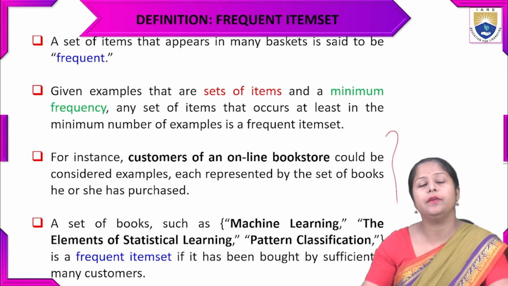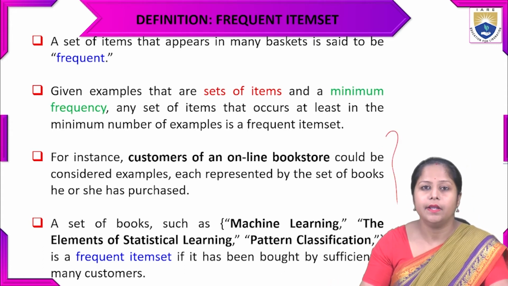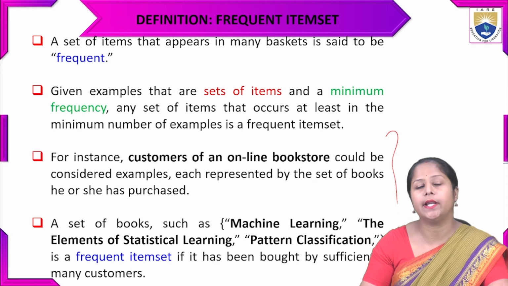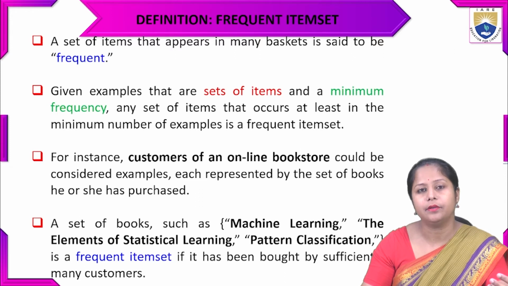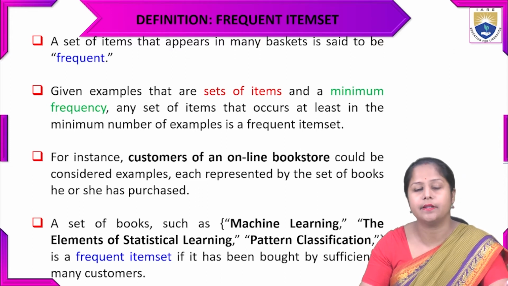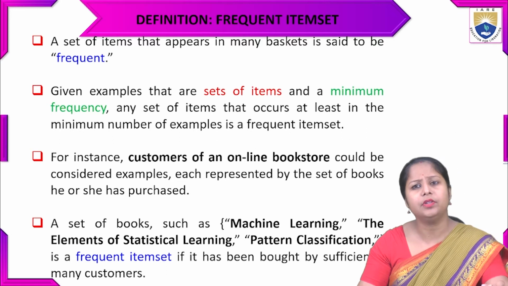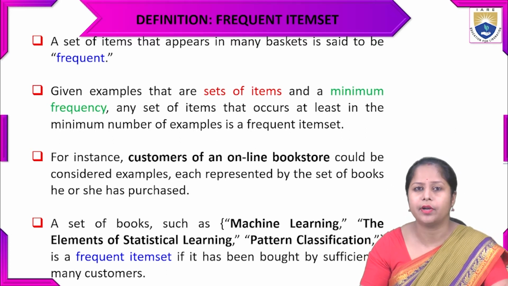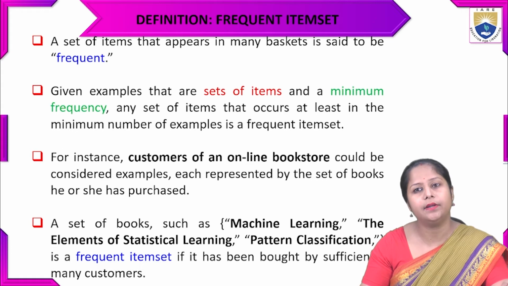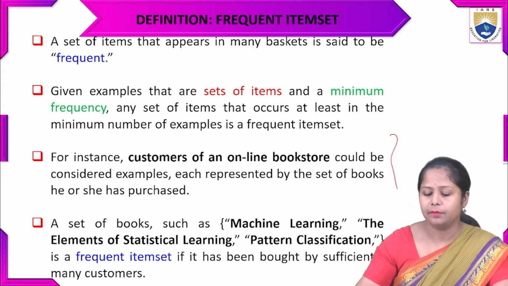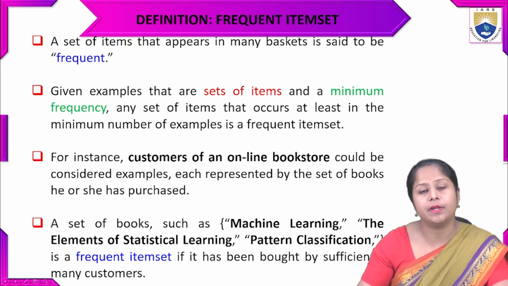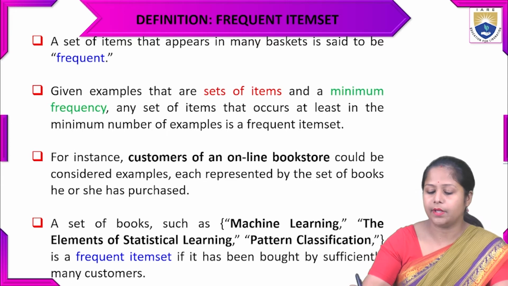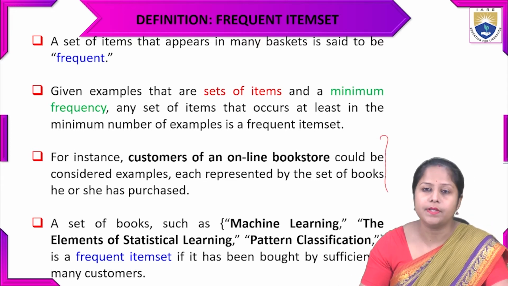For example, consider a customer of an online bookstore to understand what a frequent item set is. Each basket represents the set of books the customer is going to purchase.